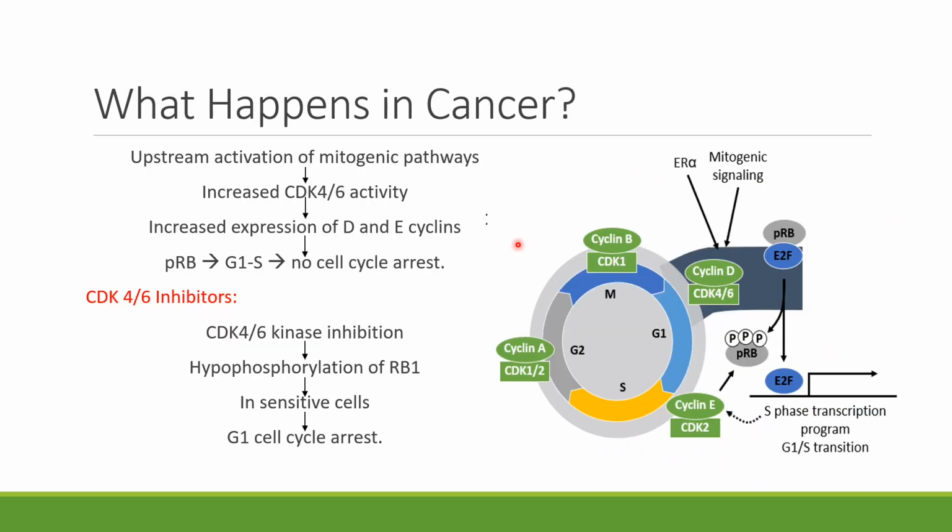So what really happens in cancer? So in cancers, there is upstream activation of mitogenic pathways like the growth factors and the mitogenic pathways that will increase the activity of CDK4/6 and increase expression of cyclin D and E, results in hyperphosphorylation of RB protein, and that will bring about changes of cell going from G1 to S phase, and there will be no cell cycle arrest.